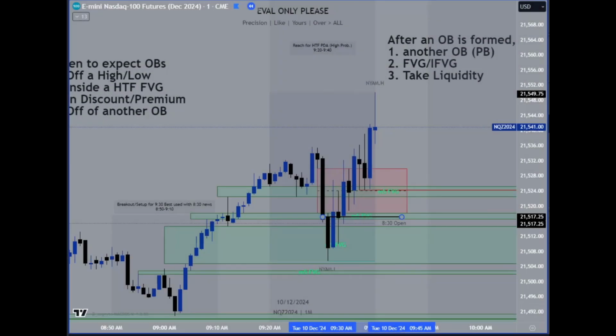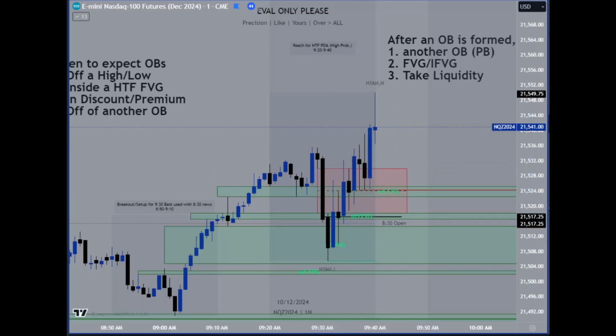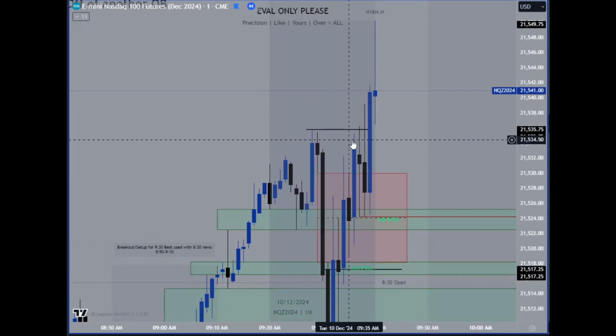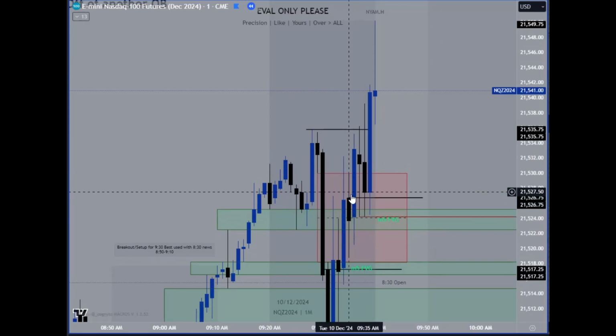But another way you could have entered this was off of the propulsion block after we get the inverse. So in live time, you'd be expecting this high to hit. We did hit this high after we hit the inverse, but if you look closely, this propulsion block ends up holding. Basically, just the OB ends up holding once again.